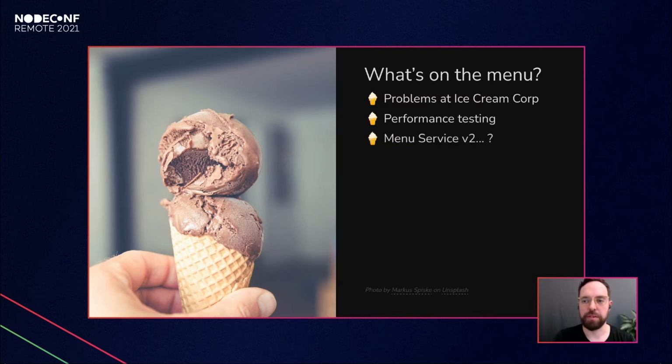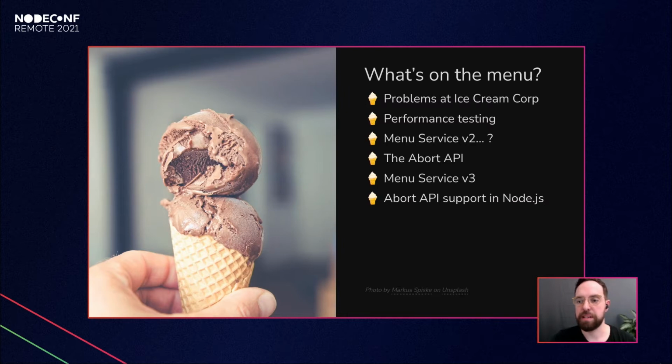And then we're going to look at a previous attempt that their development team has made to improve the menu service. We'll then introduce the Ice Cream Corp development team to the Abort API, and we'll use it in Menu Service v3 to improve the menu service. And lastly, we'll wrap up taking a look at the support for the Abort API in Node.js.